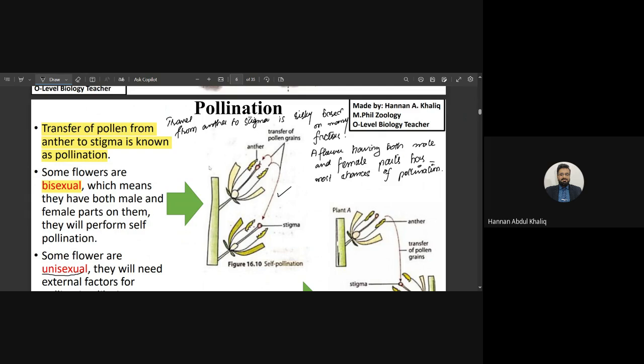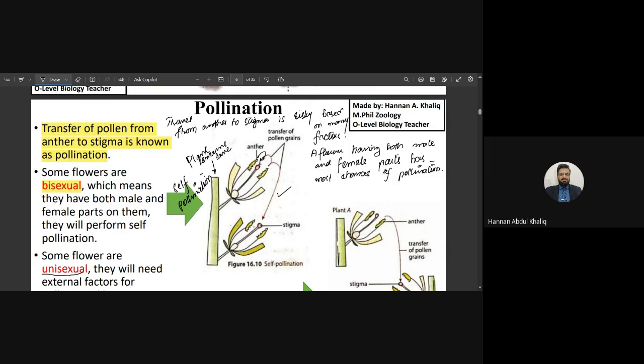One way is if the pollen comes out of the anther and falls on the stigma, and the parent plant remains the same. Then this kind of pollination is called self-pollination. The plant is pollinating itself.